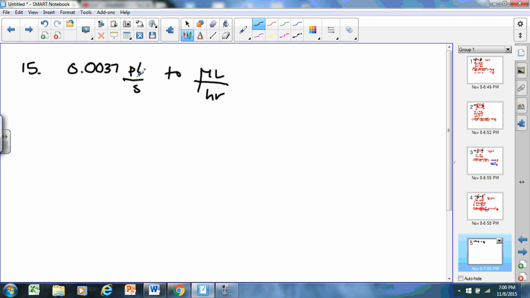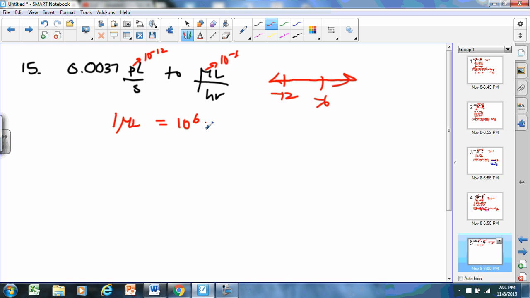This isn't even a level 3 because nothing's squared or cubed, but okay, pico is 10 to the negative 12, micro is 10 to the negative 6. How far is it on a number line from negative 12 to negative 6? It's actually 6. And then what's bigger? Negative 6 is bigger than negative 12. So 1 microliter is 10 to the 6 picoliters. And then the bottom is time. So 1 hour is 3,600 seconds.